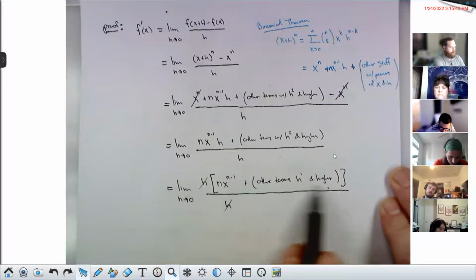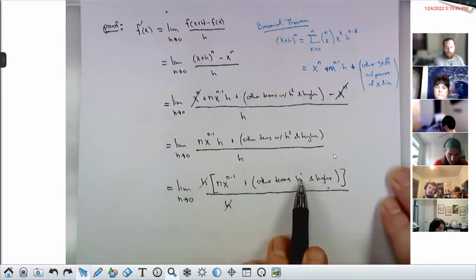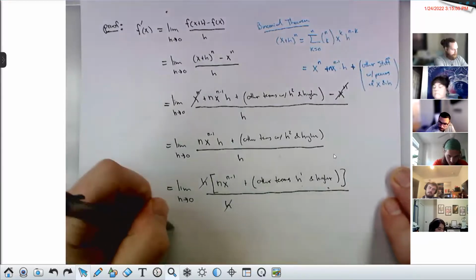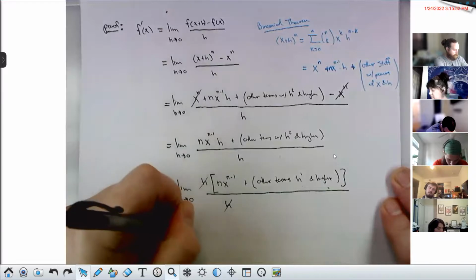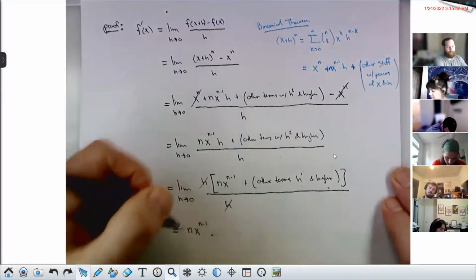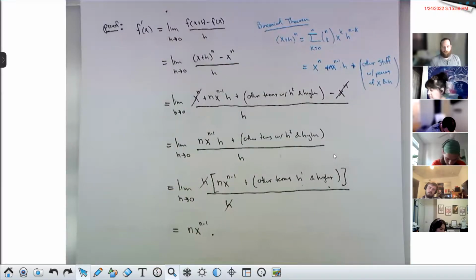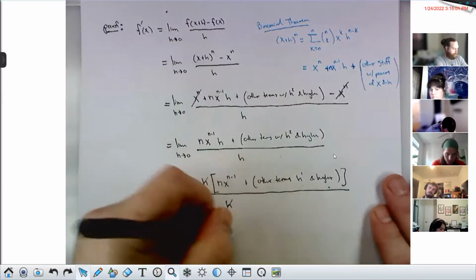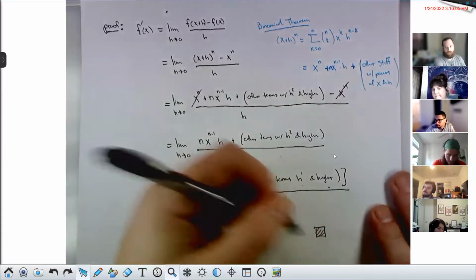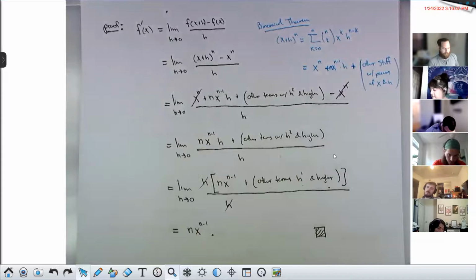Since all of these terms have at least h to the 1 in them, all of these will go to 0 as h goes to 0. So you really do just get nx to the n minus 1, which is what we wanted to prove. At the end of a proof, it's customary to put what's called a tombstone, a little square. So we're done.